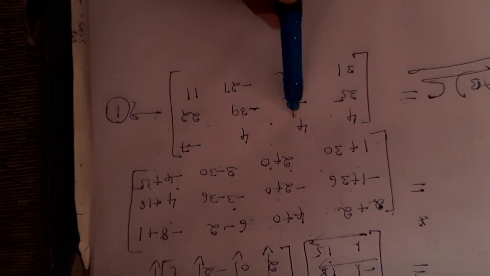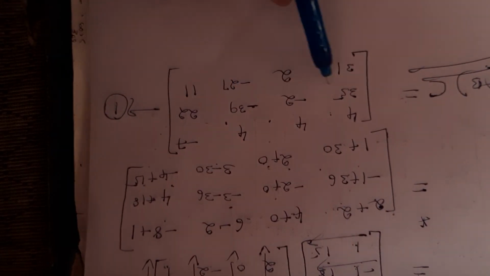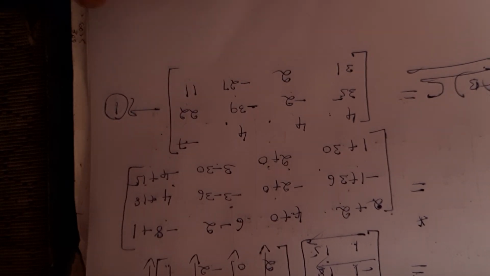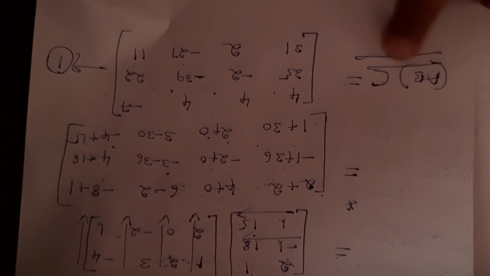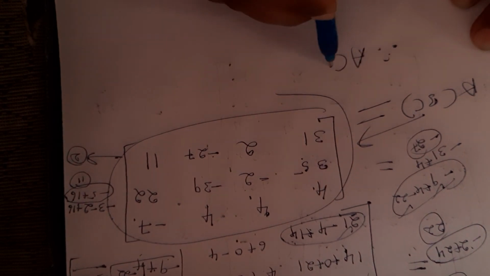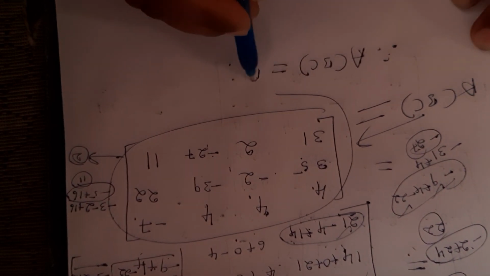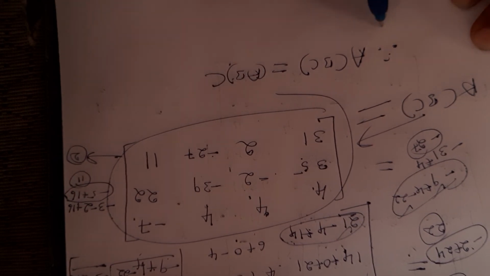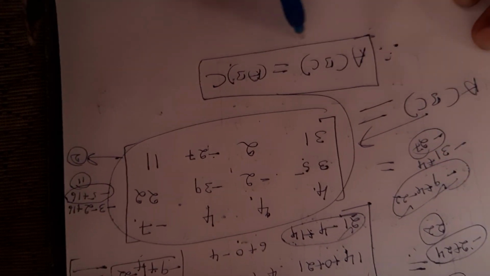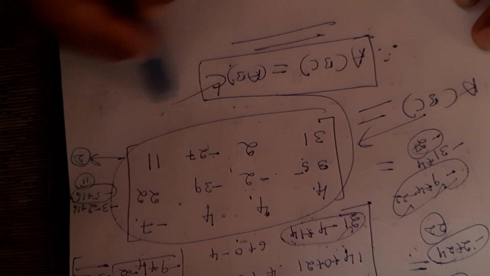See here, 4, minus 7, 35, minus 2, minus 39, 22, 31, 2, minus 27, 11. Okay, this is AB into C. So from these two we can conclude that therefore A into BC is equal to AB into C. So the associative property holds good for multiplication of 3 matrices.